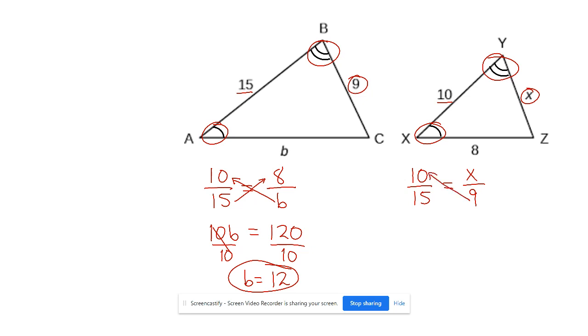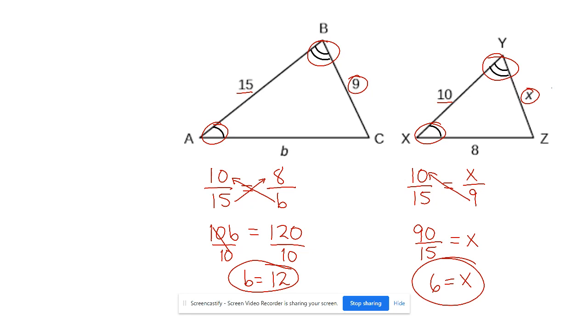We only have to cross one way. So we have 9 times 10, that's 90, divided by 15 equals X. And so you divide that, 90 divided by 15 is 6, so X is 6. So we have X is equal to 6, and B is equal to 12.